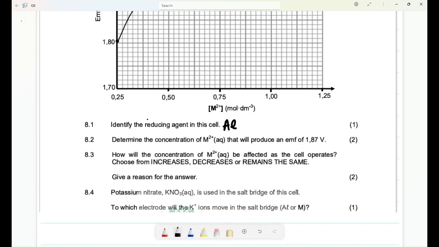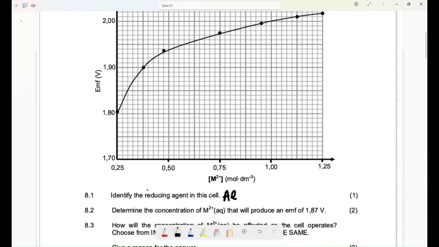Now I'll show you why I'm saying it is aluminium, with an equation. Now determine the concentration of M2+ that will produce an EMF of 1.87. So the division here, when I was counting, there were 10 divisions, so from this to this, one division is 0.025.